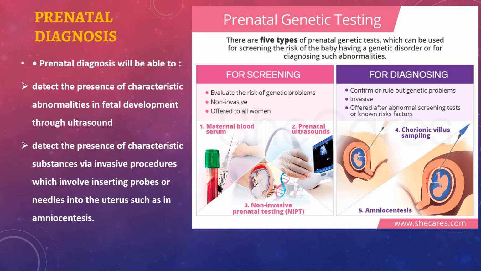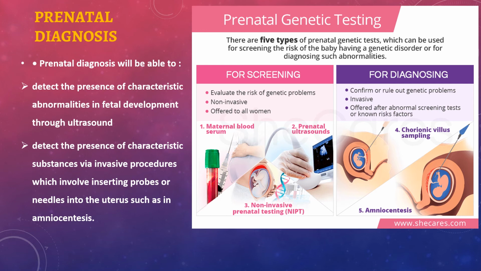There are 3 tests. First, maternal blood serum: we will take the blood of the mother and check for any problems like disease conditions or infections, bacterial or viral infections, or anything. Next is non-invasive prenatal testing, NIPT, which I will be dealing with in the next slide. Then we have the prenatal ultrasound. Ultrasound is also very important for screening for genetic disease conditions.